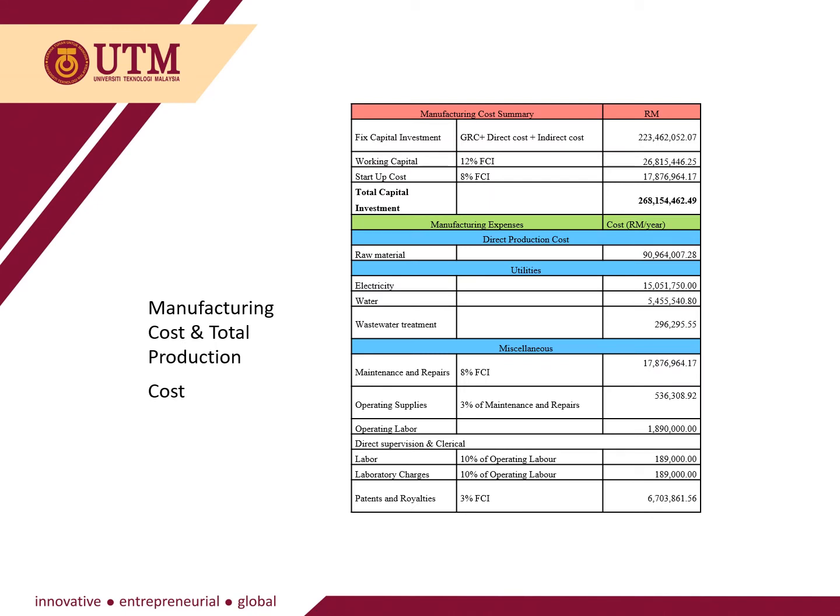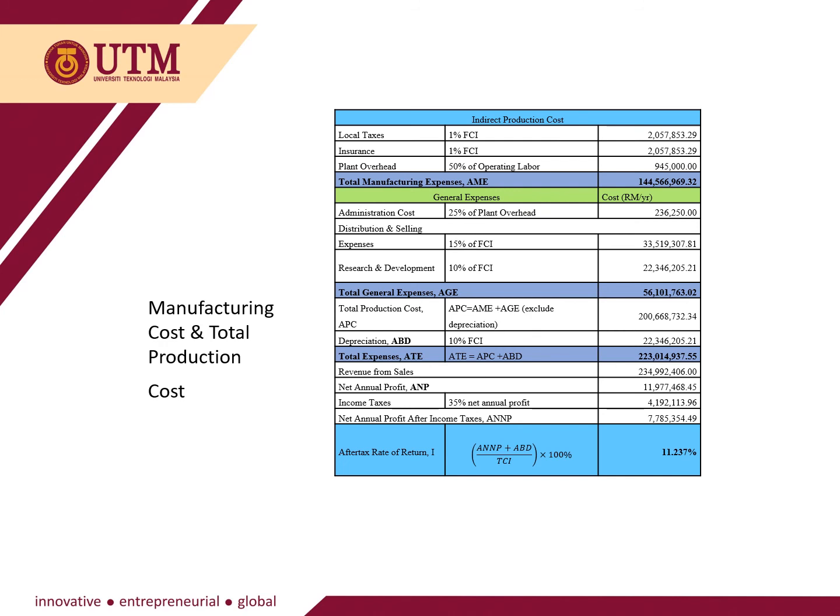Then we will move into our manufacturing cost and the total production cost. So we will have to first find out what the expenses are. We have the raw material, the utilities, the miscellaneous; the direct costs, utility costs, miscellaneous costs, and indirect production costs will give us the total manufacturing expenses, AME.